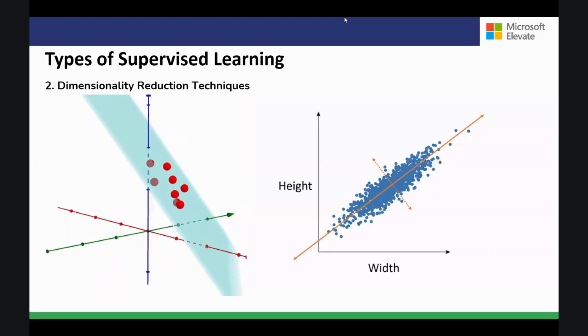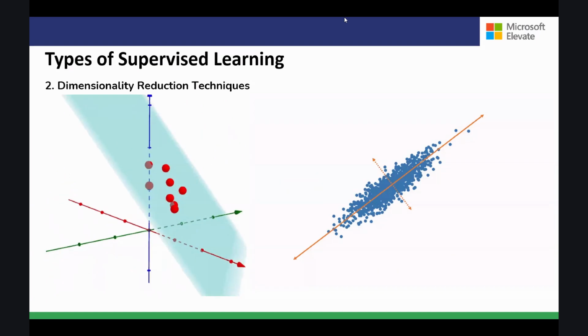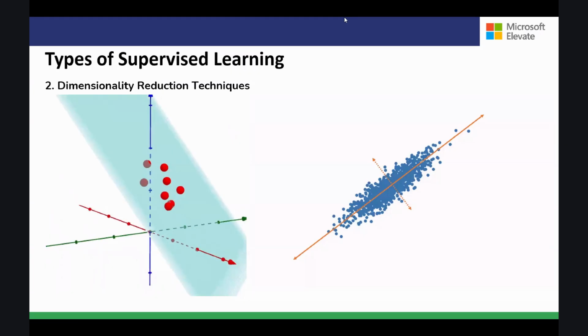Can you guys tell me? Converting features from 3D to 2D. This is dimensionality. Why do we need dimensionality reduction? If you guys can tell me.